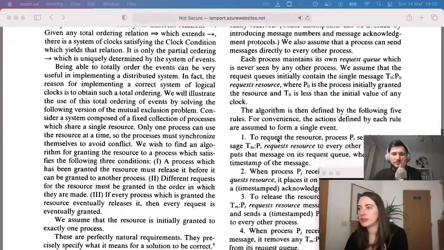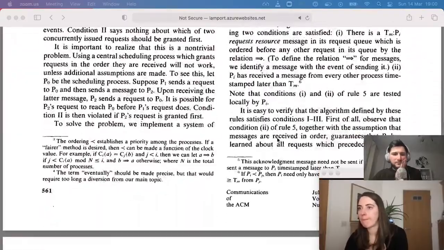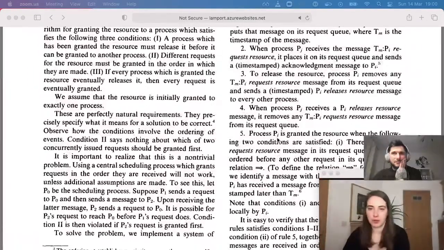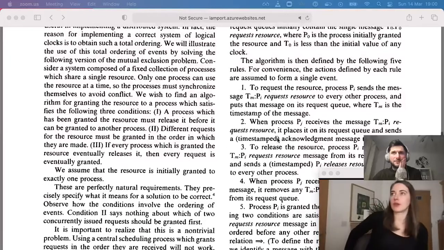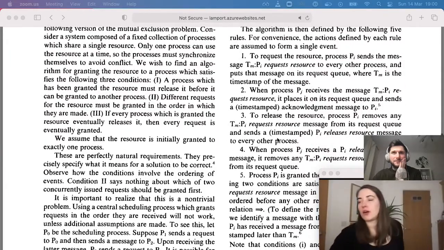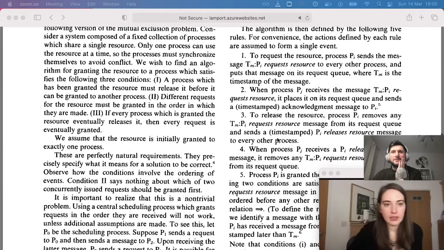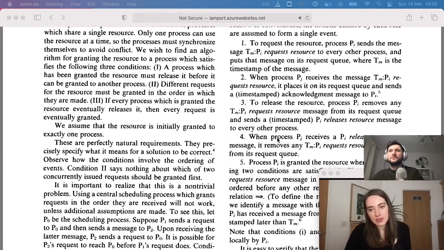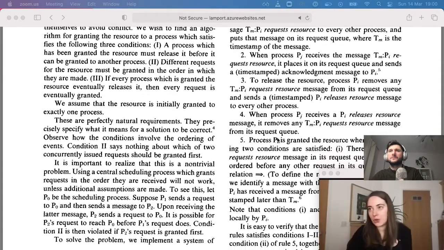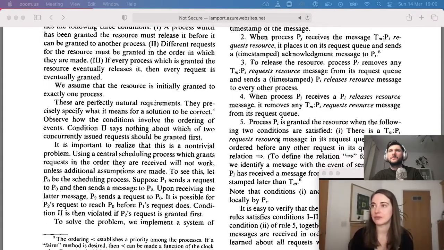Yeah, so the algorithm is at page 561, or 4 out of 8. On the second column, right? Yes, this is it. So this is the algorithm he proposes for synchronizing clocks.